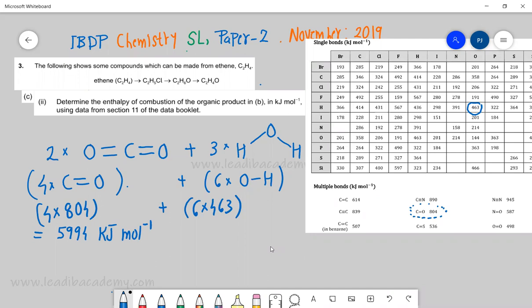So now what is the delta H for the combustion? It's simple. Bonds broken minus bonds formed.